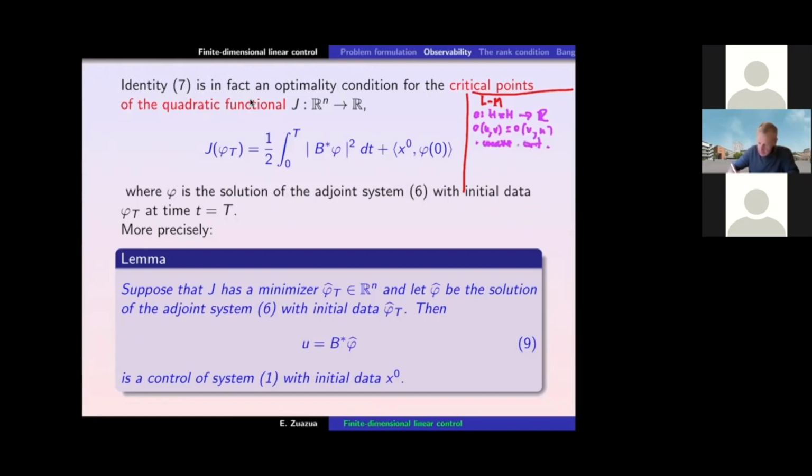Then the Lax-Milgram lemma says that for every element f in the dual H prime, there is a unique solution u belonging to H, so that A(u,v) is equal to f(v) for every v in the space H. This is what the Lax-Milgram lemma says.